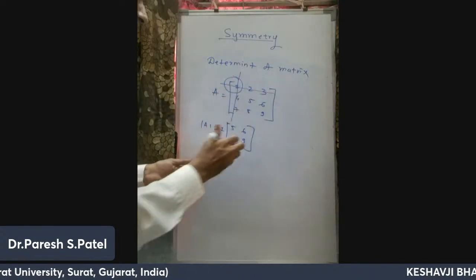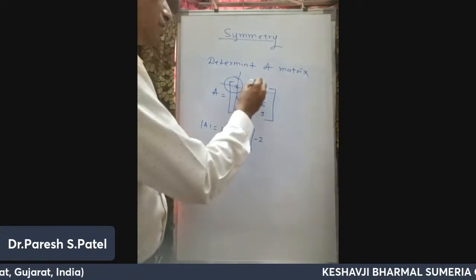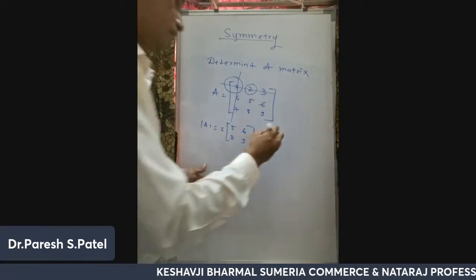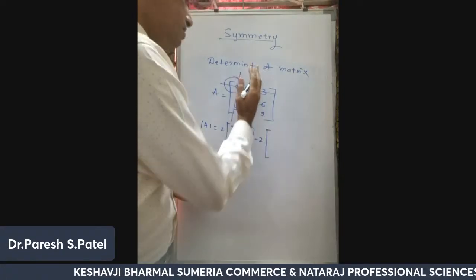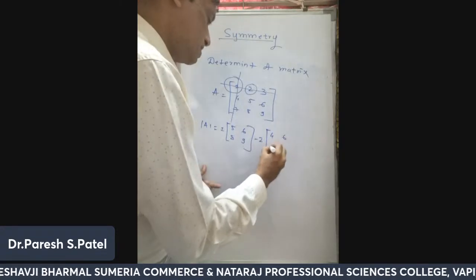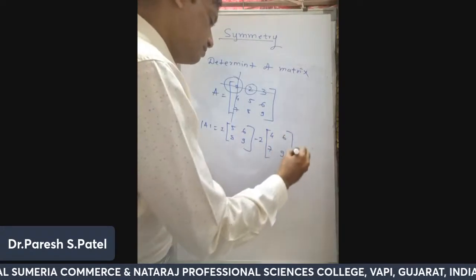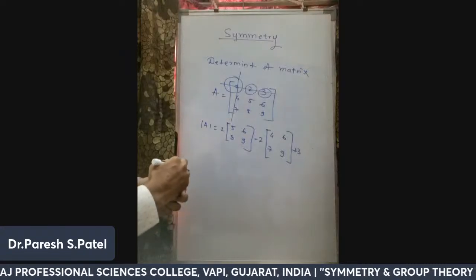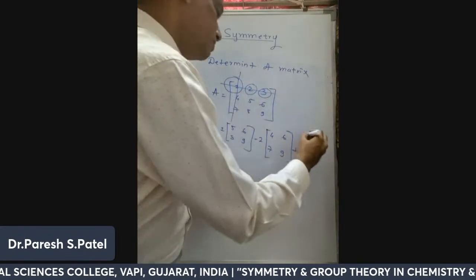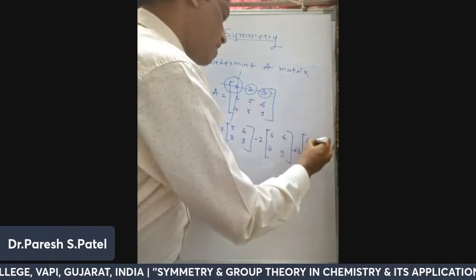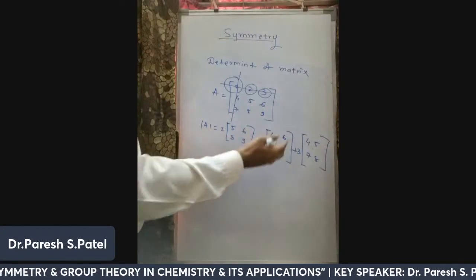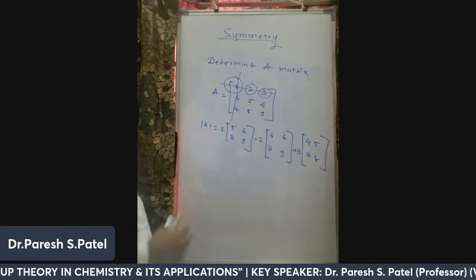Okay, minus 2. This is the second element of the first row, and then the remainings are 4, 6, 7, 9, plus 3. This is the third element of the first row. Remainings are 4, 5, 7, 8. Okay, so again, these are two-dimensional matrices.